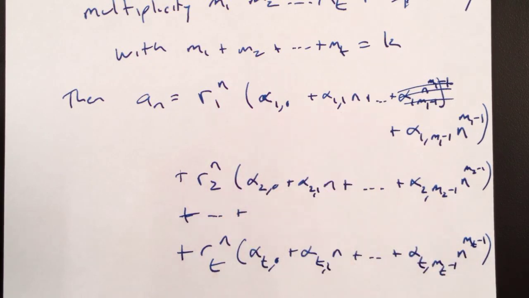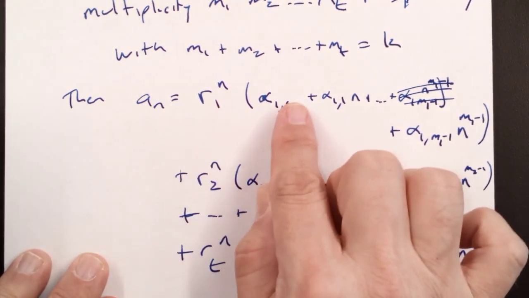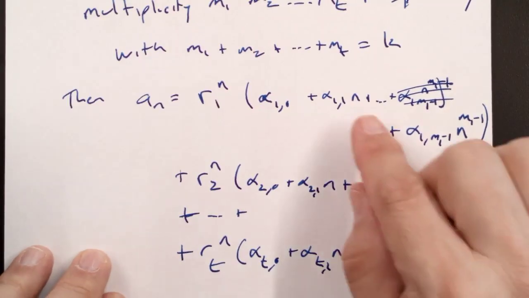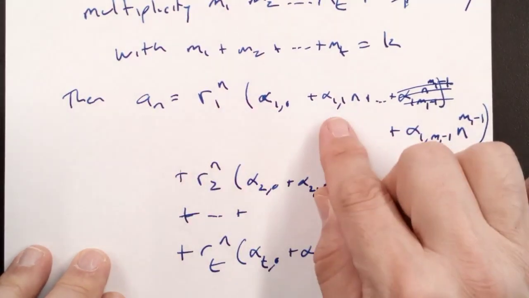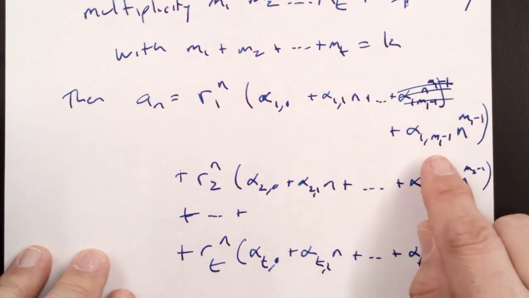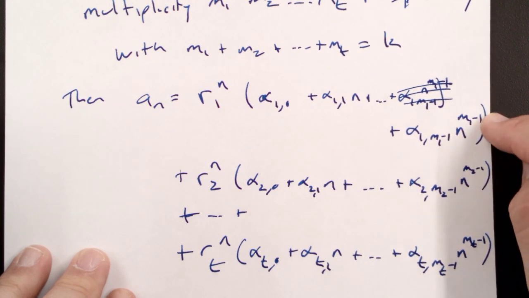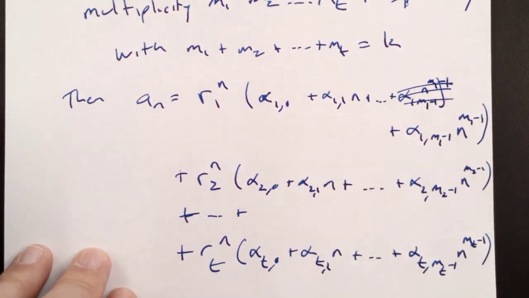These are just double subscripts because this is the first root's 0th power event. This is the first root first power event. This is the first root M sub 1 minus 1 power event. It's just keeping track of where I am along that list. It's a double subscript simply so I can keep track of which number is which.